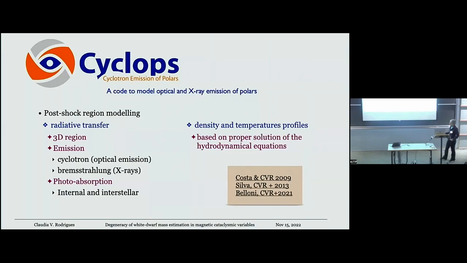Cyclotron is important to calculate the optical emission. Recently, Diogo Belloni made a very important improvement in the code because he solved the equations that we use to determine the temperature and density profiles. So we have a 3D post-shock region with nice temperature and density profiles, and I think we now have a good tool to calculate the X-ray spectrum of those objects.